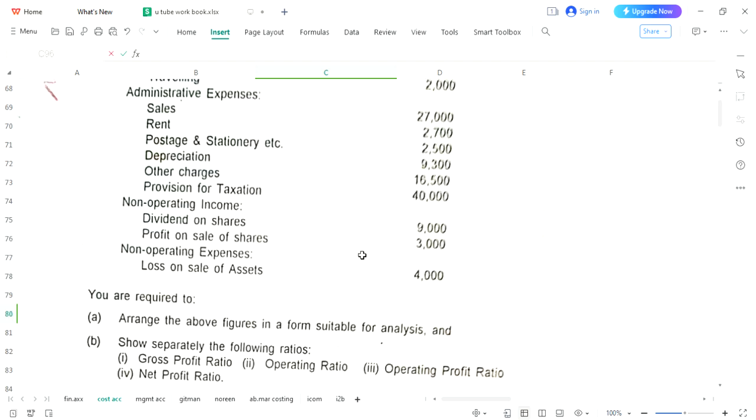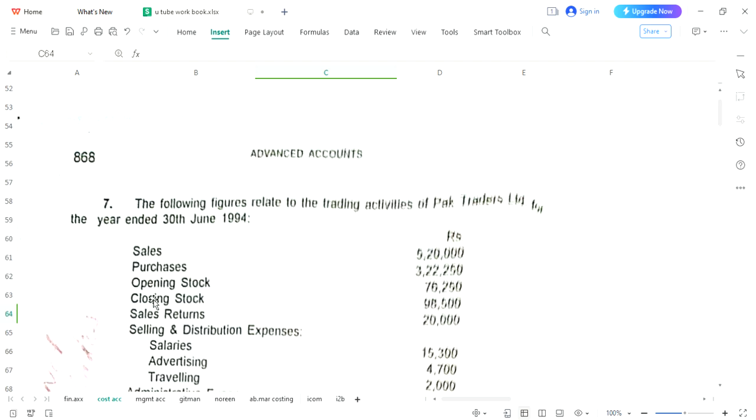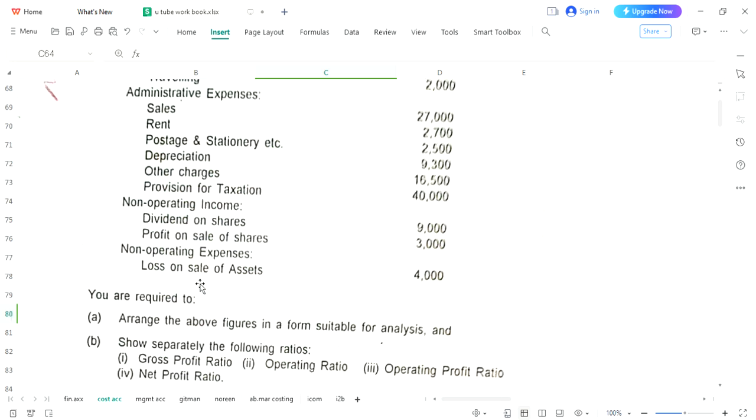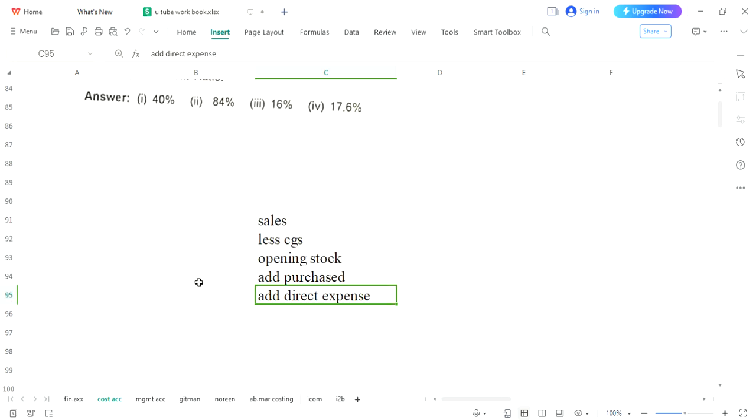I will let you know that there are sales returns, but purchase returns are not available, so we can skip direct expenses and returns.